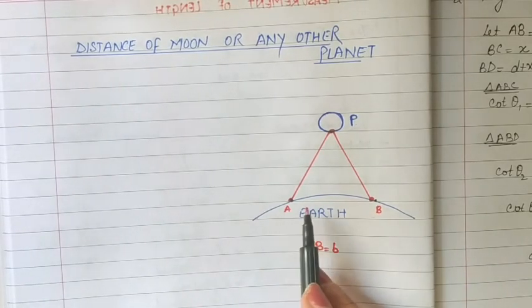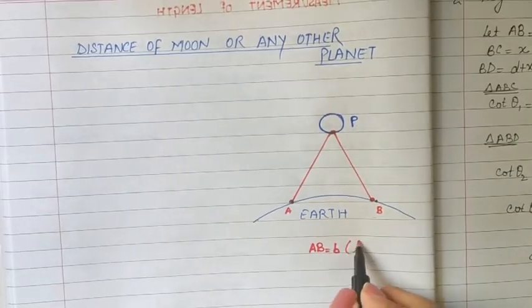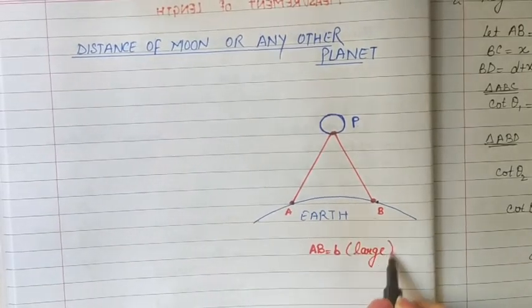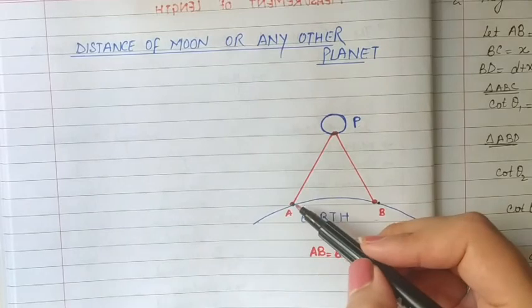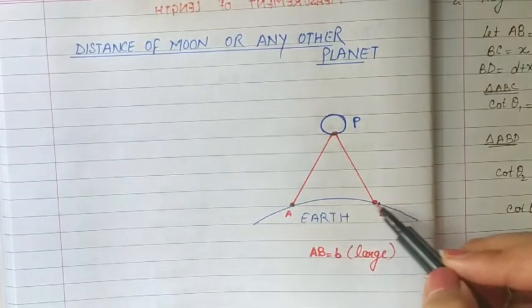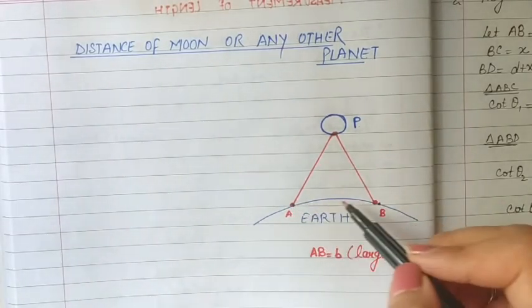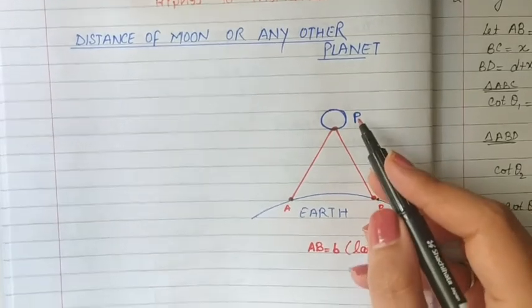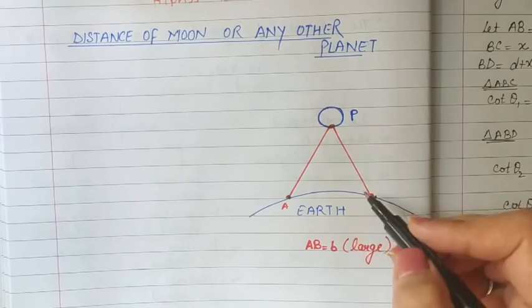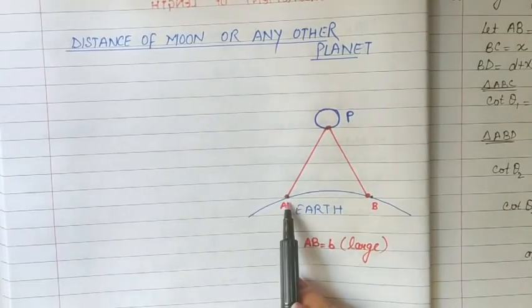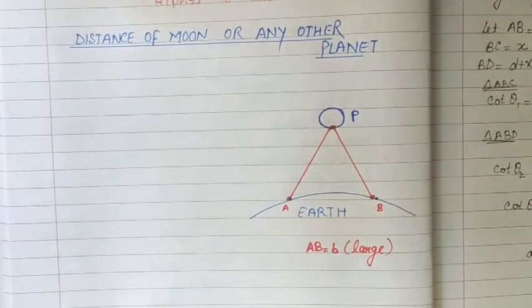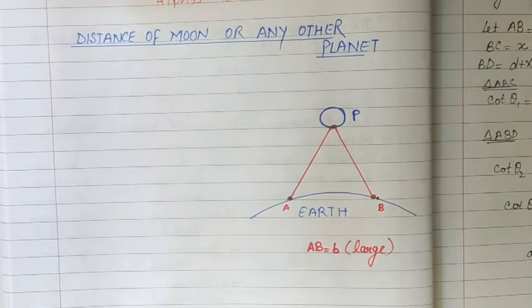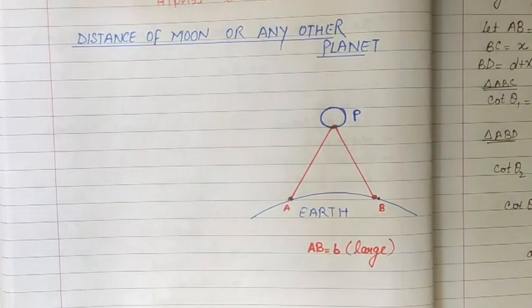So the distance between A and B should be large, and the observations are taken simultaneously. These two observations, observing the planet P from A and from B, are taken simultaneously, and these two points are at a large distance AB, represented by b.